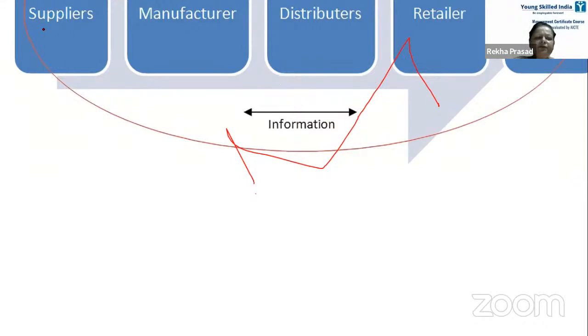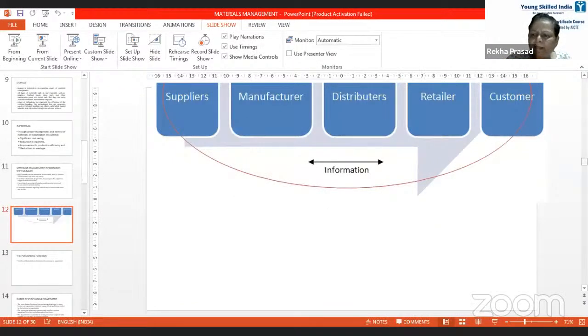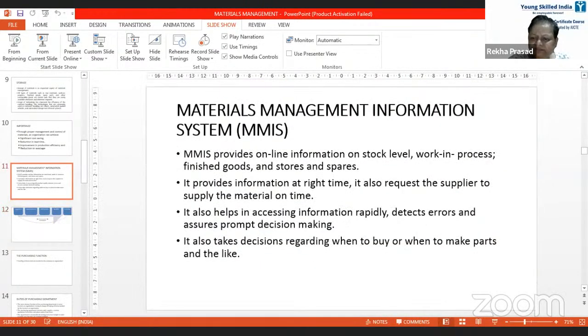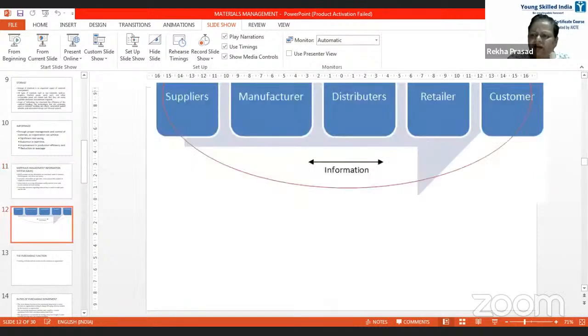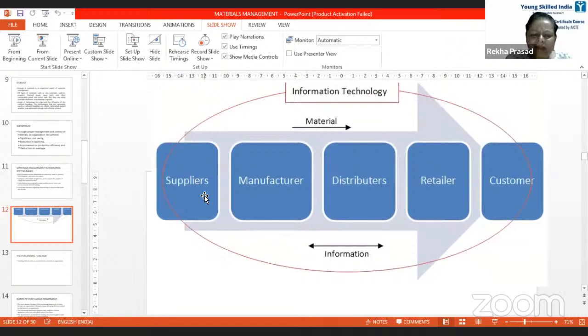So you can see things are moving from supplier to manufacturer to distributor to retailer to customer, and information is covering everything, the total.